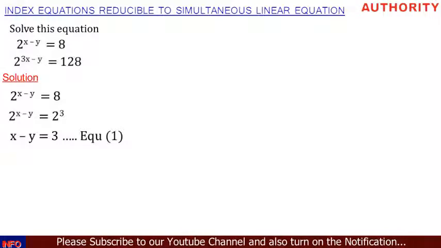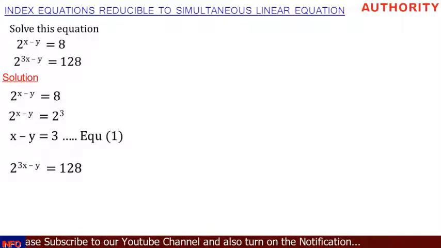We can tag this equation 1. Now let's pick the second index equation, which is 2 raised to power 3x minus y is equal to 128.